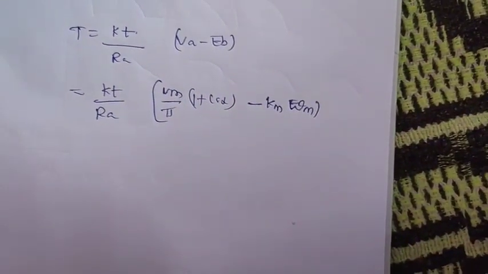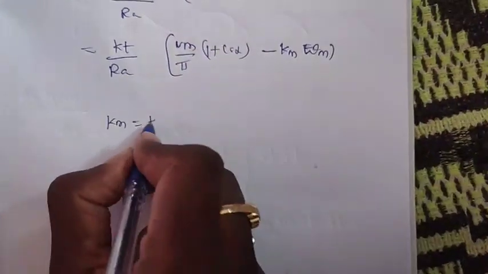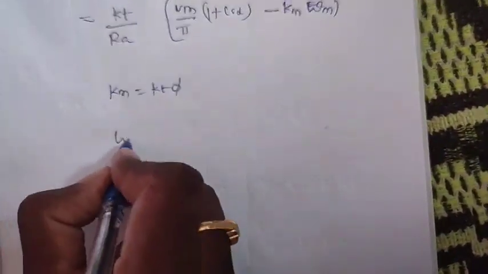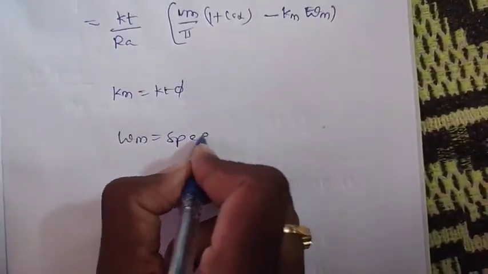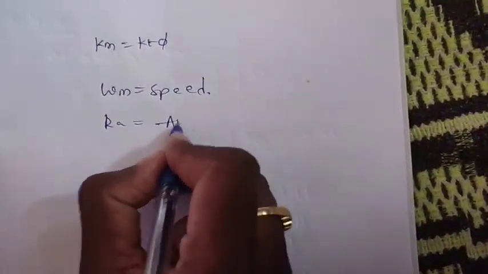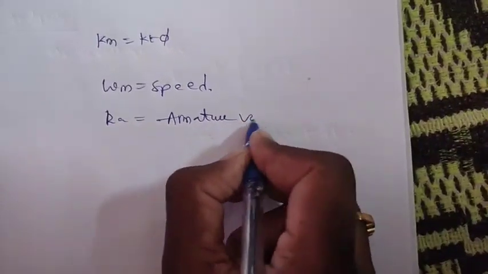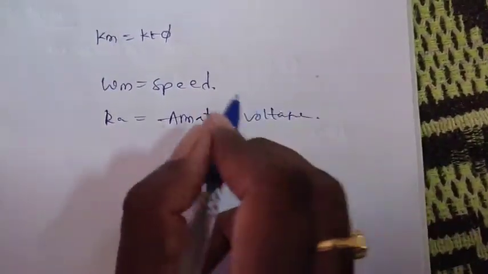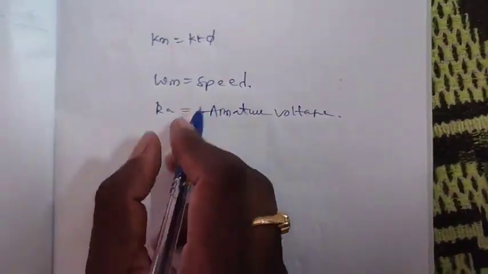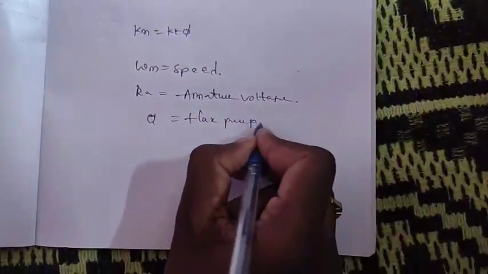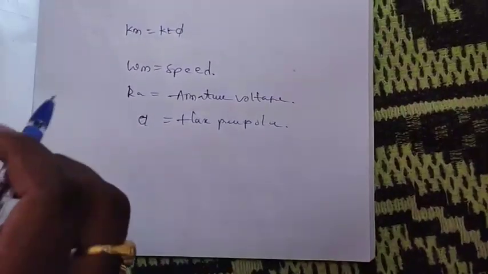Here Km equals Kt times phi. Omega m is the speed, Va is the armature voltage, phi is the flux per pole, and Ia is the armature current.